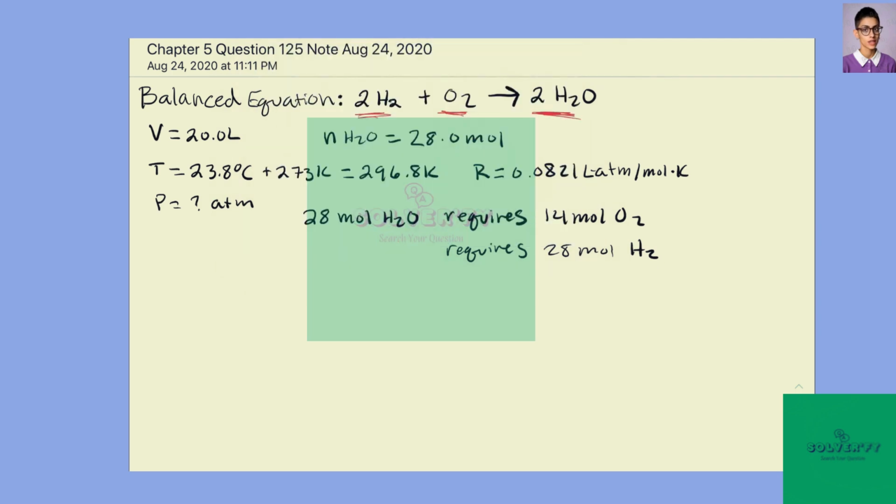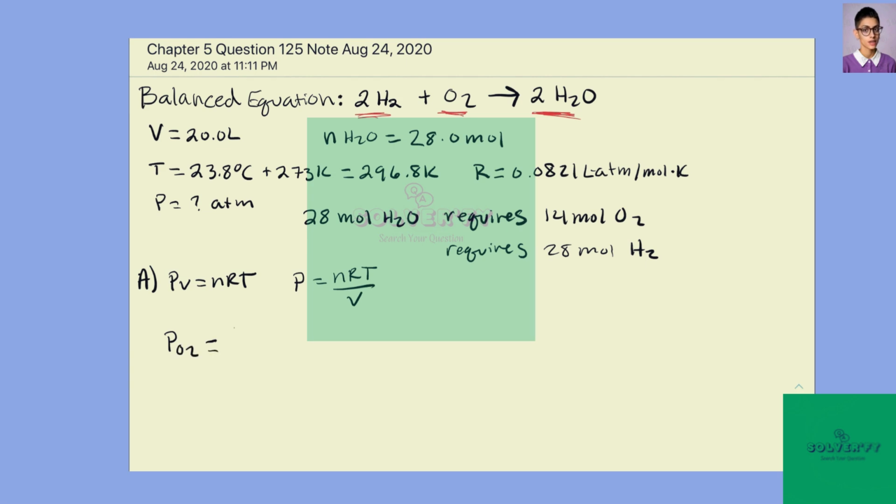All right, for the first part of this question, for part A, they want us to use the ideal gas law, so PV is equal to nRT. So we're looking for pressure, so P is equal to nRT over V. So we're looking for the pressure of O2.